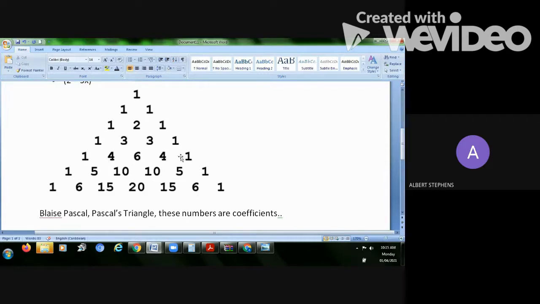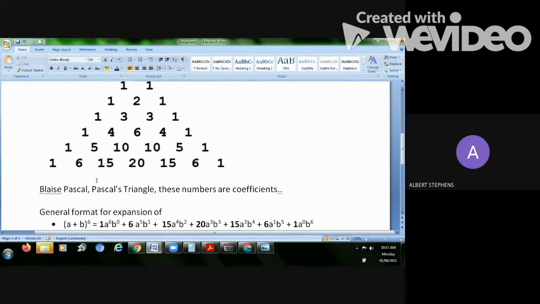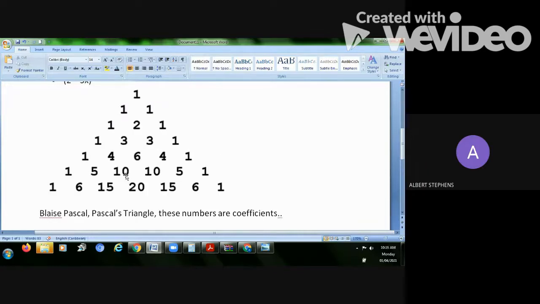You're not required to learn n equals 5. You're not required to remember the last 2 lines. In other words, they're not going to give you questions raised to the 5th or 6th power. The highest is 4.